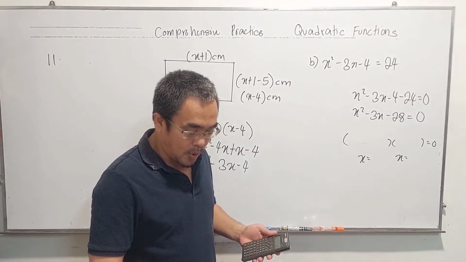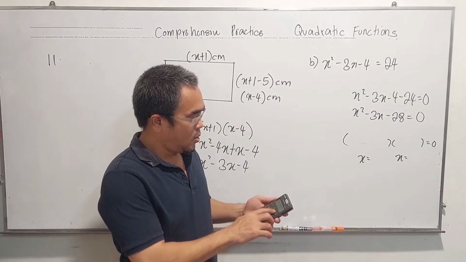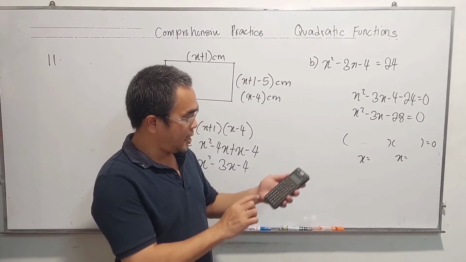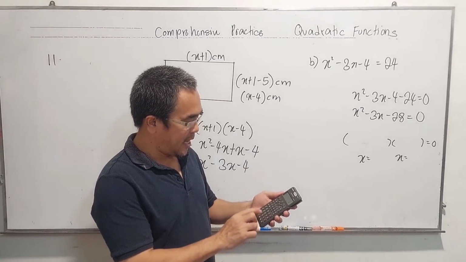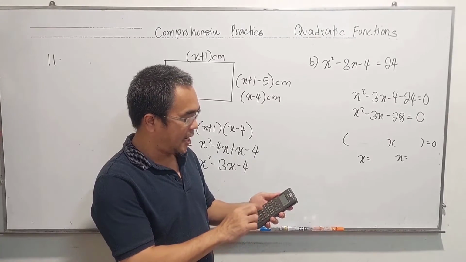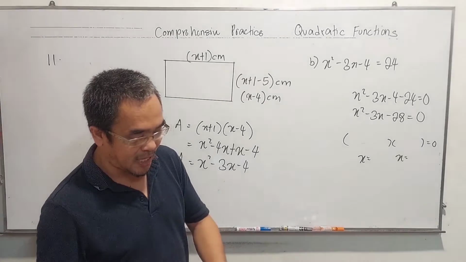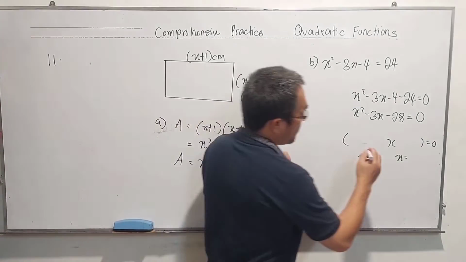Okay, so in this case, go to the quadratic function. A is 1, B is negative 3, and C is negative 28. So the first value of x is 7, the other is negative 4.